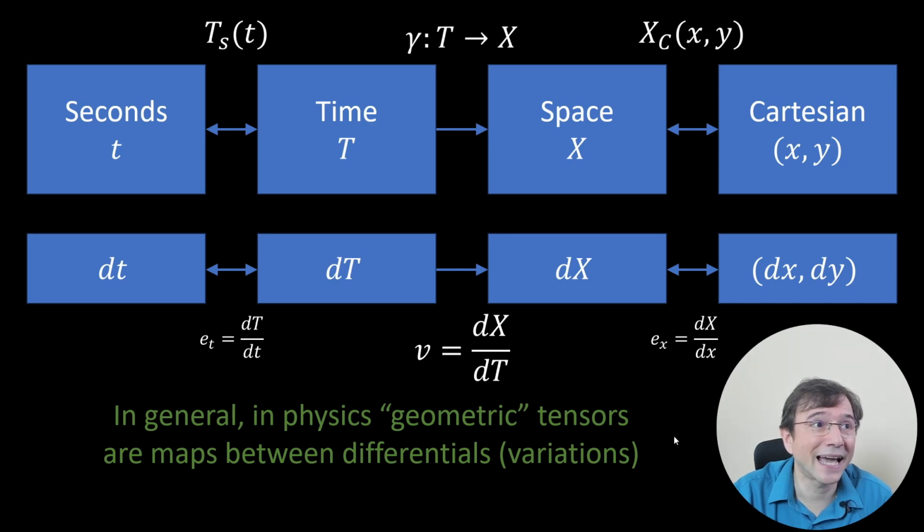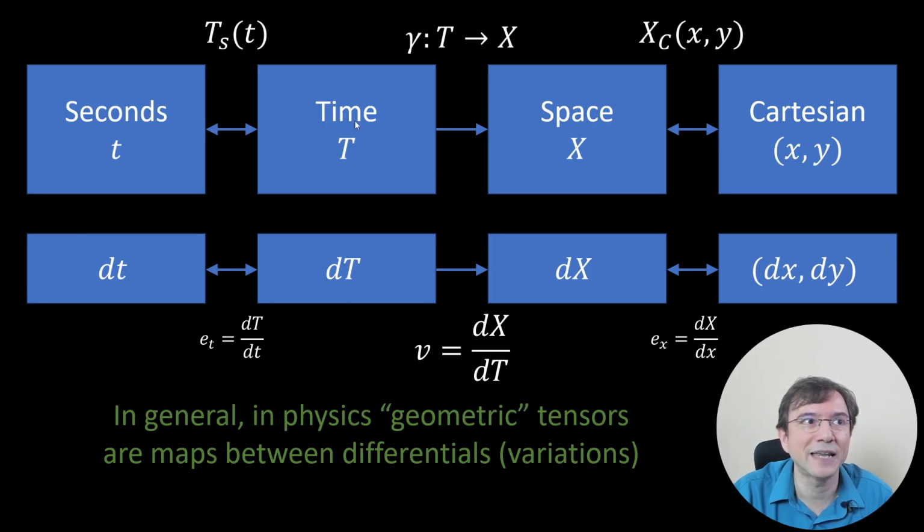So again, let's go back to the example where we had the time and space and we have a trajectory. And what we have here is the differential corresponding to the differential. So we're going to have differentials in time, or variations in time, variation in space, variation in the coordinates, both in seconds and in Cartesian. And we are going to have this map, right?